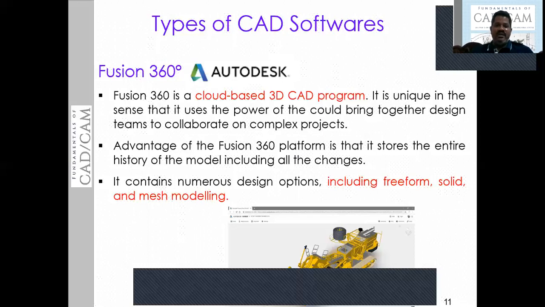If you take other software like TinkerCAD or FreeCAD and perform any modification on the solid model, that history is not available. But in the case of PTC Creo and Fusion 360, the modification history is available, so you can go back and see what operations you performed on the 3D model. This is a very good flexibility in 3D modeling software.